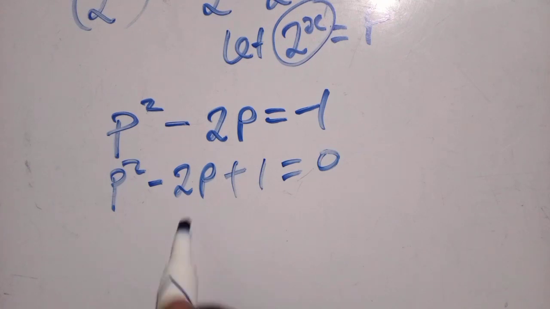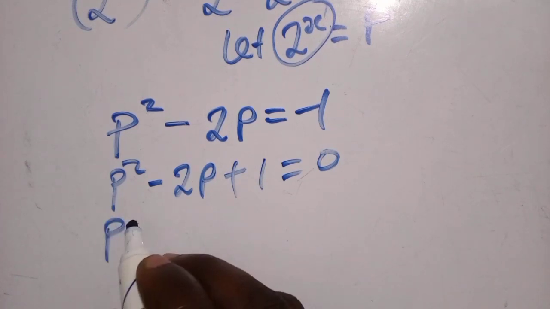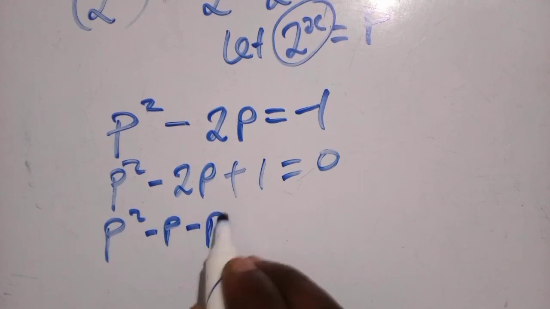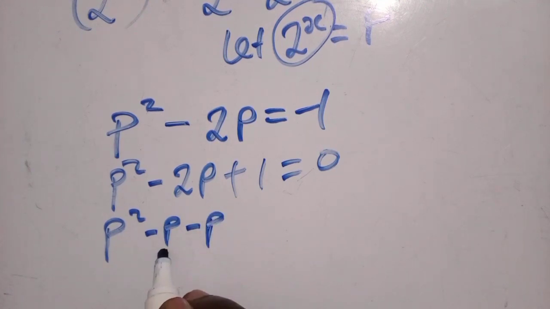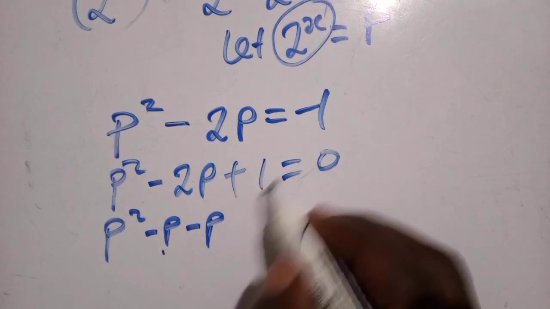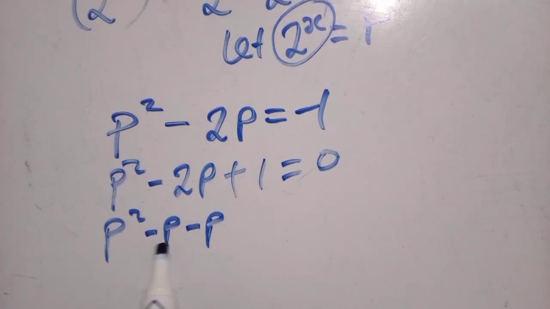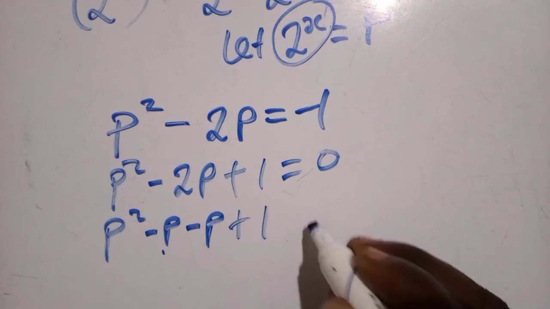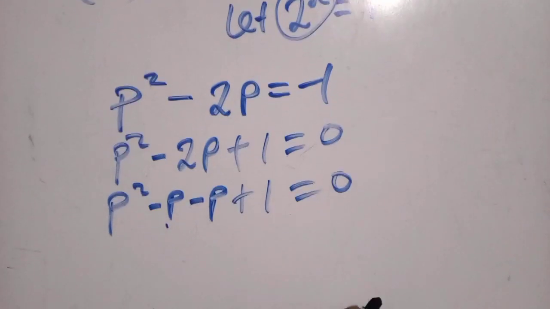So the product and sum: it is p squared minus p minus p plus 1 equals 0, because if you multiply negative 1 times negative 1, it is positive 1, but when you add negative 1 minus 1, it is minus 2. So now let's look for a common factor, which here is p.